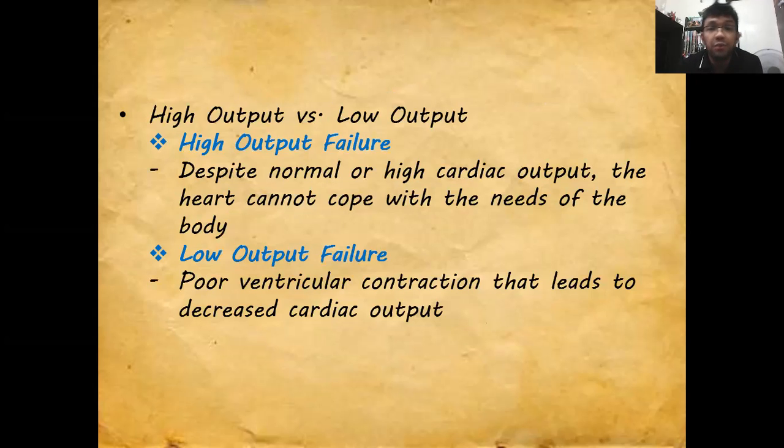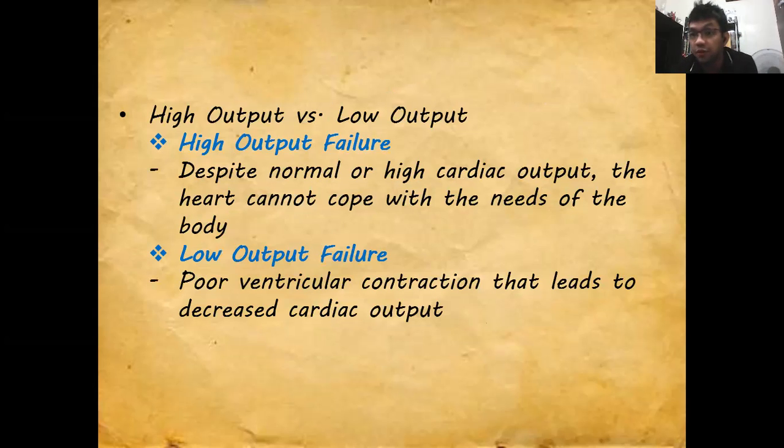We also have high output versus low output. For the high output failure, despite normal or high cardiac output, the heart cannot cope with the needs of the body. So it's either normal or high, but still the heart is failing the oxygen and nutrient needs of the body.